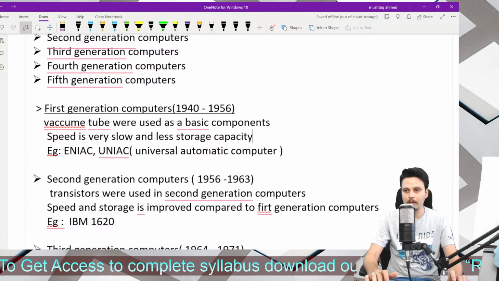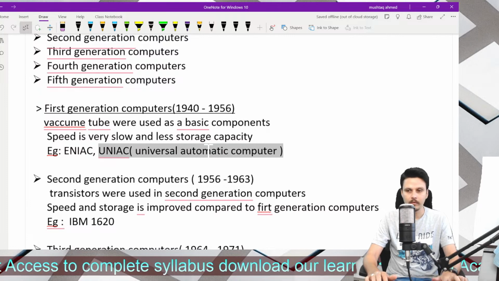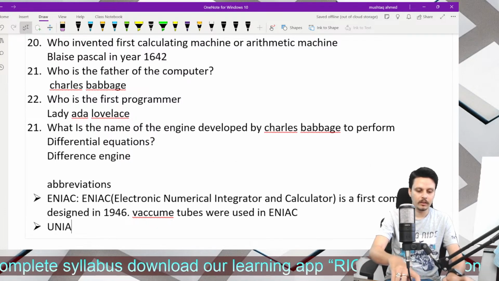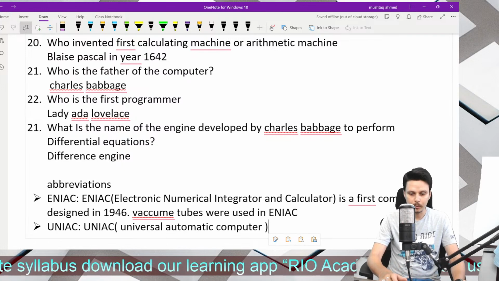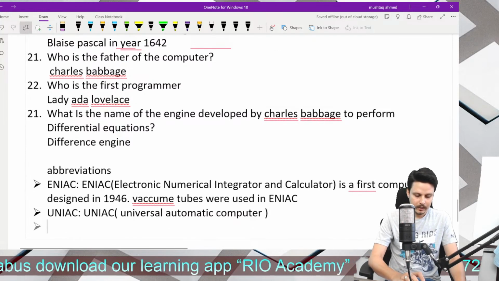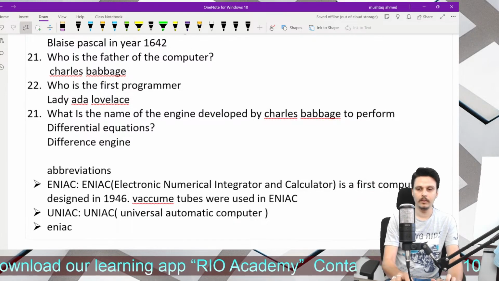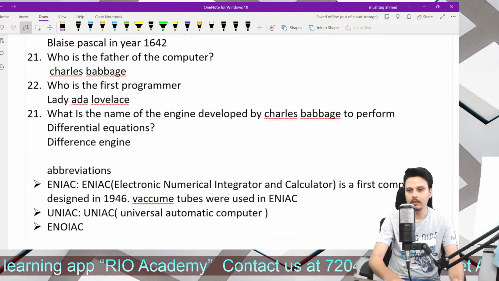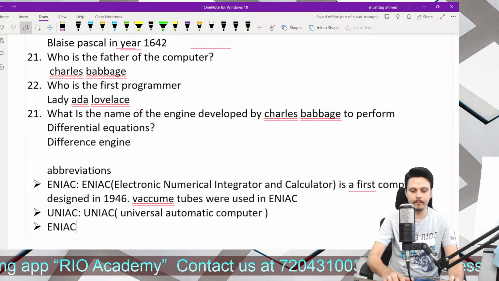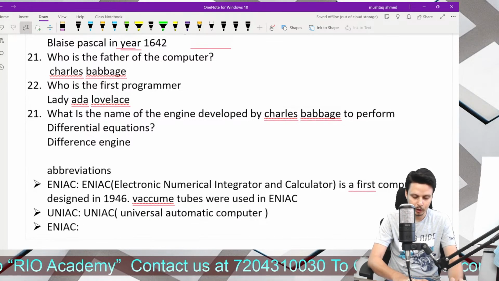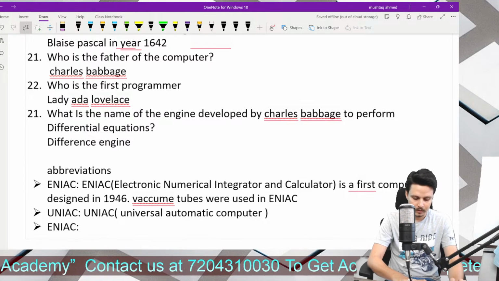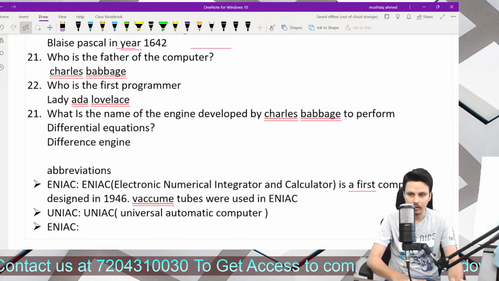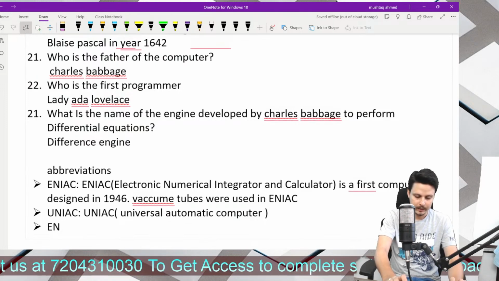UNIVAC, Universal Automatic Computer. Next is EDVAC.